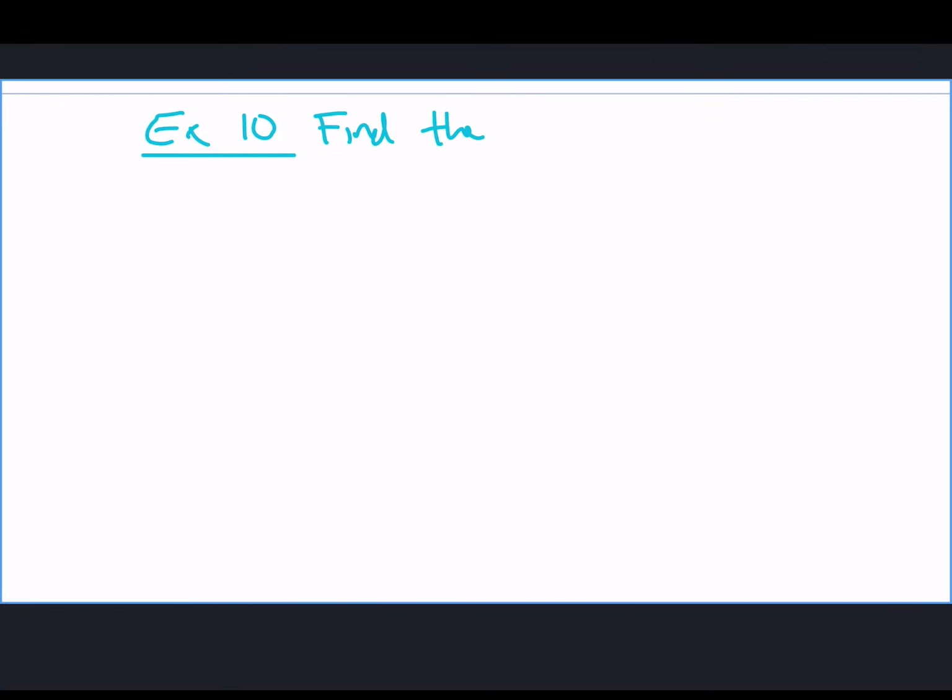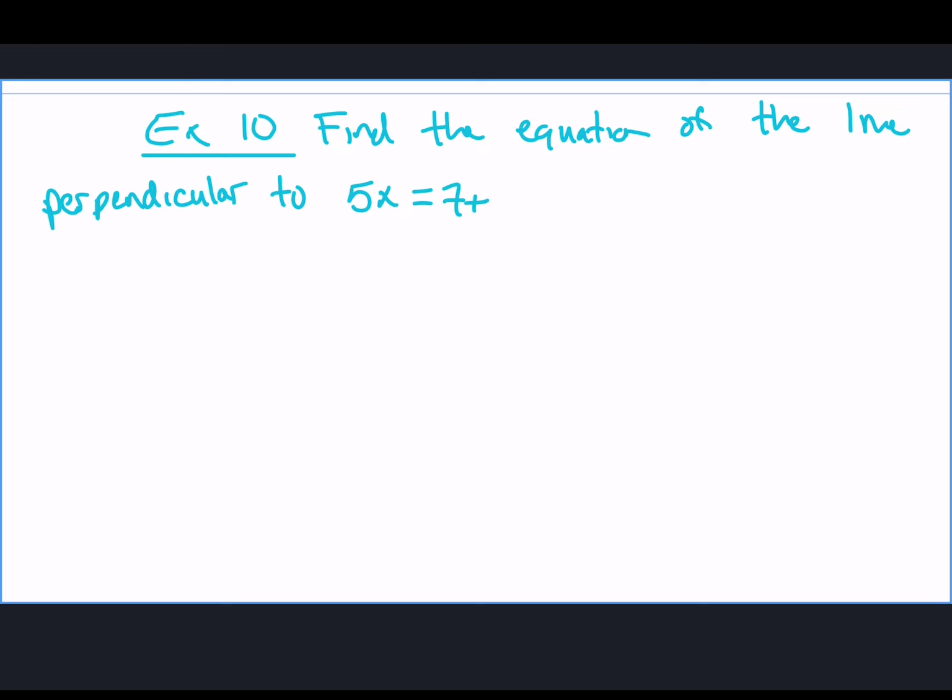We want to find the equation of the line perpendicular to 5x equals 7 plus y and passing through -1, -2. Wait, that was 9. Did we skip 7? 6, 7.